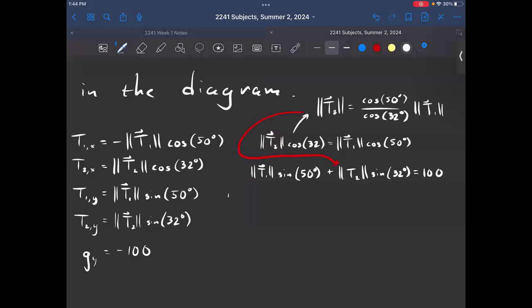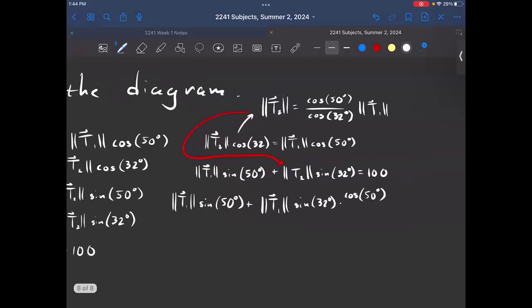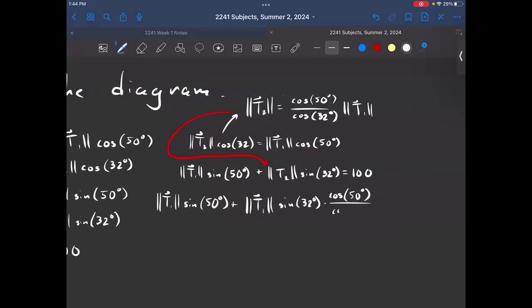So we get norm of T1 times the sine of 50 degrees plus norm of T1 times the sine of 32 degrees times the cosine of 50 degrees divided by the cosine of 32 degrees. Okay. Again, I realize we're getting complicated, but we will get through this.